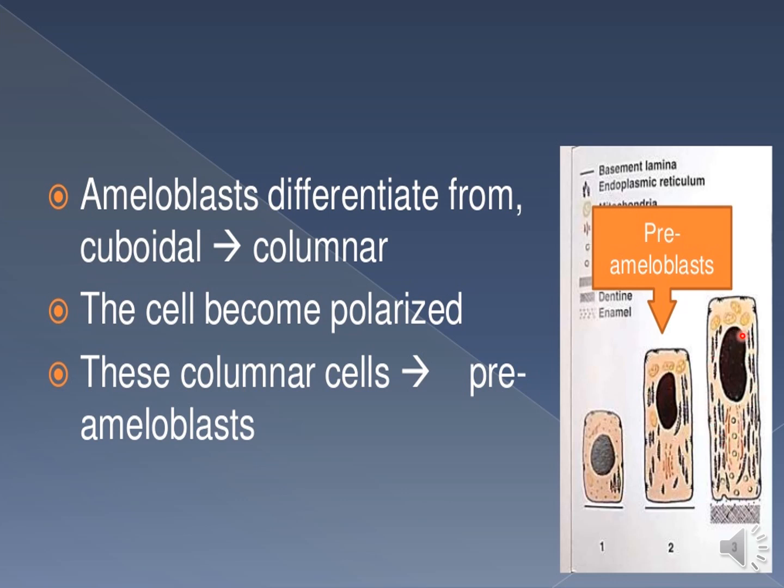There will be reverse polarity of the nuclei. The nucleus which was in the center pushes away from the basement membrane, that is towards the proximal surface or the proximal end, we call it as. The one towards the secreting enamel or dental papilla we call distal end. The one towards the stellate reticulum area is called proximal end.